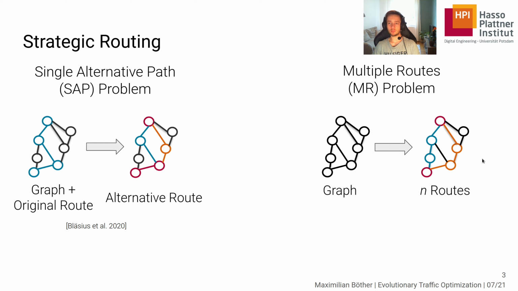So maybe it might be better if we just propose two routes and are not bound to a given original route, like here, that we can make them completely disjoint and therefore get a better traffic distribution, unlike the SAP problem does. So both are NP hard, so it's not very straightforward to calculate a solution, and this is why we want to deal with this using evolutionary algorithms.